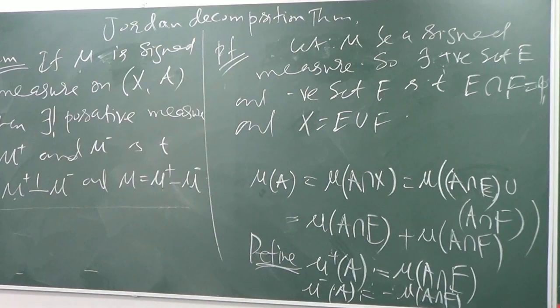And if F prime is a positive set, then obviously E prime is a negative set. Similarly, we can verify E prime is a negative set. Agree?